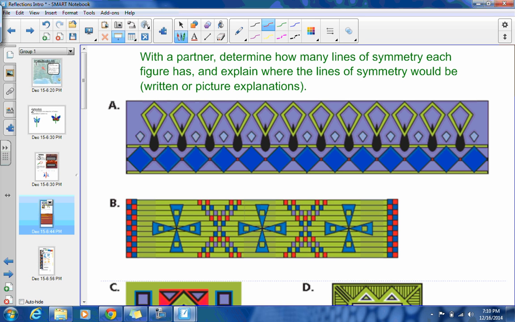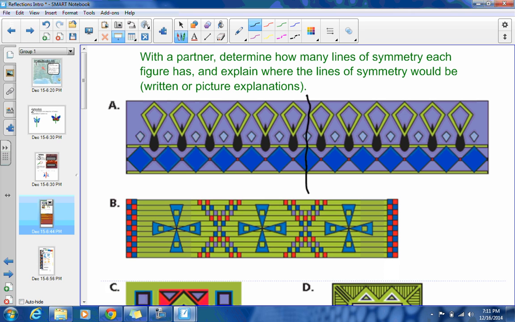Now, I had you do this with a partner, but a couple examples: looking at a picture and figuring out how many lines of symmetry, because some things do have multiple lines of symmetry. So figure out how many there are and where they are. For this first example, if you cut it right in half like this, it would fold over onto itself perfectly.